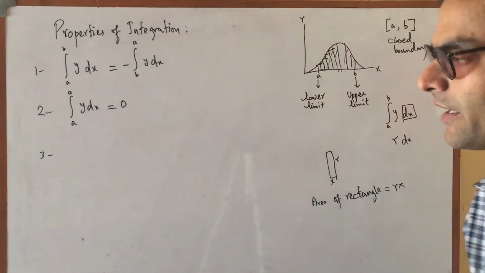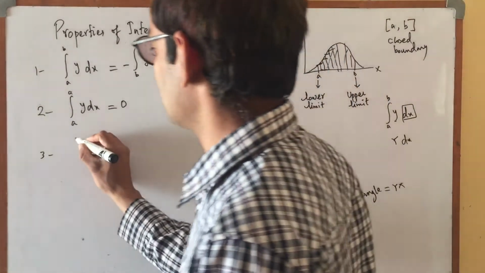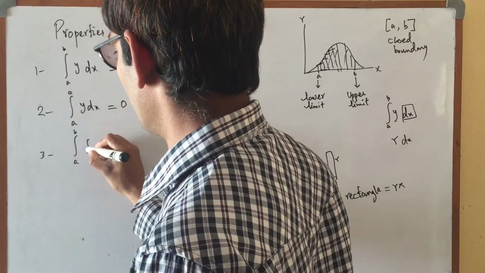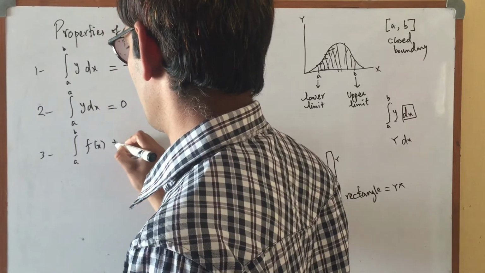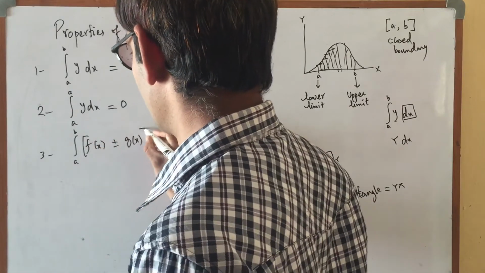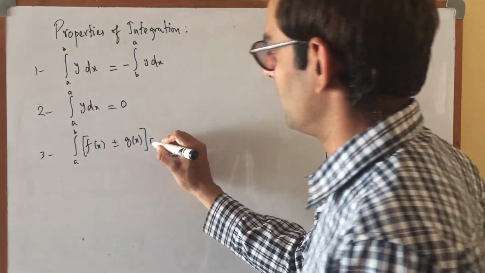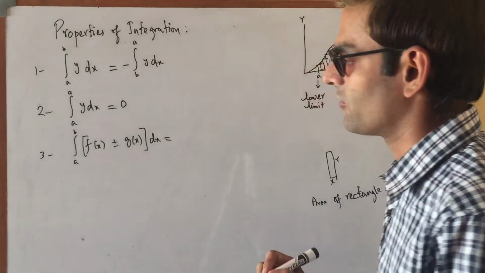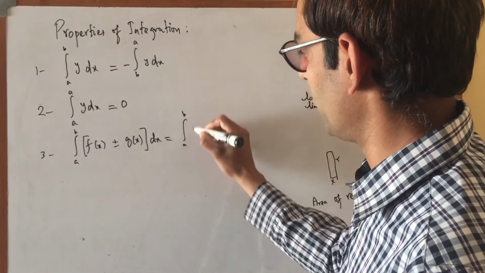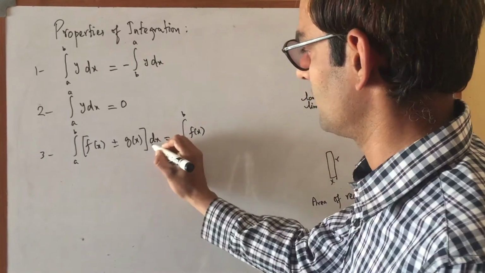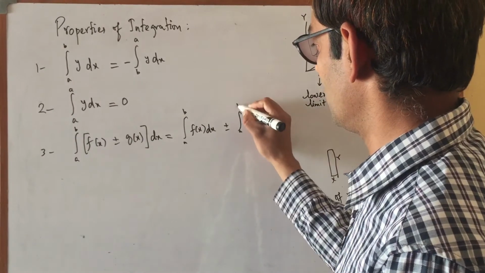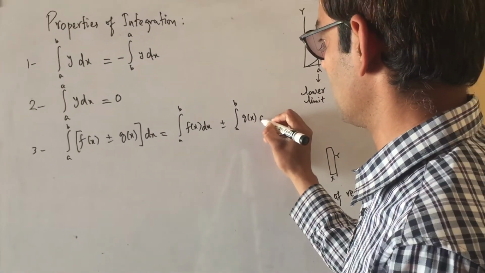Another property: you have two functions, f of x and g of x. We can write the integral of f of x dx plus or minus the integral from a to b of g of x dx.